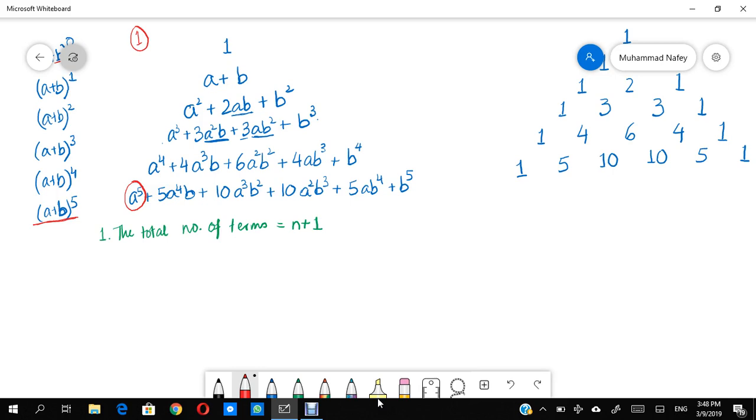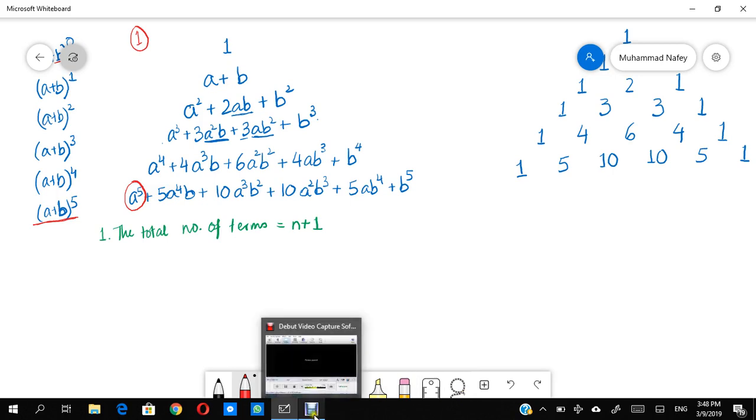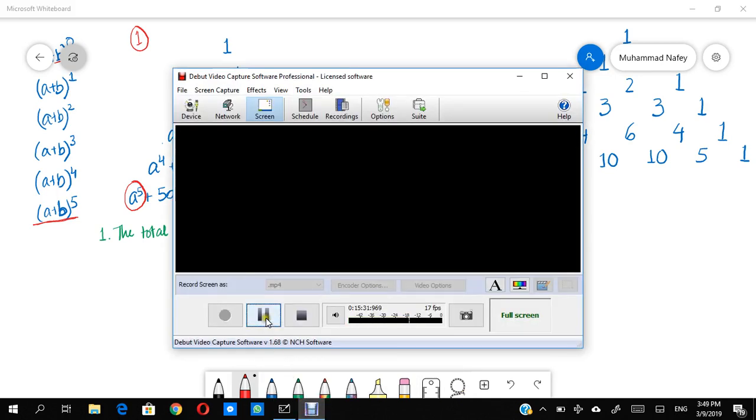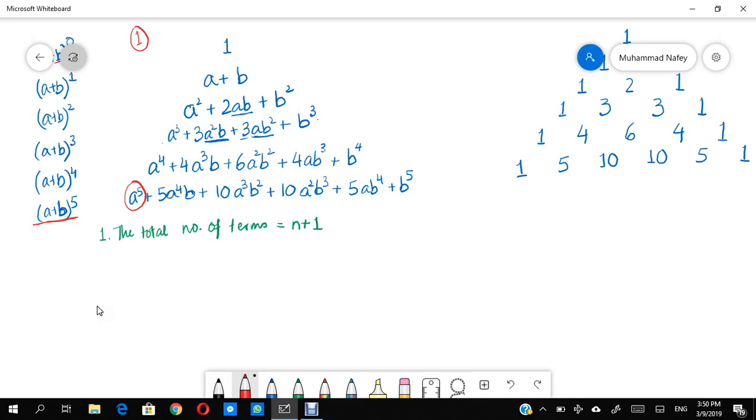So it doesn't make any difference whether I write b to the power of 0 or not. Right, so we'll now be exploring what happens to the powers. We began with a to the power of 5. In the next term, the power of a decreased by 1.